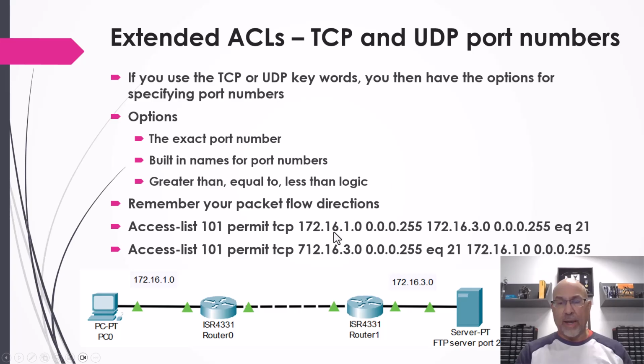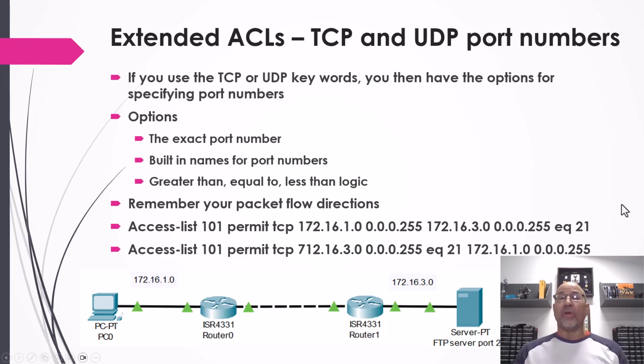Anything from the 1 net to the 3 net, as long as it's equal to port number 21. So that's TCP port 21. Now, if I see anything else, if there's any other arrangement, then this won't work because this is highly directional. It's the 1 net to the 3 net, and it's TCP going to port 21.